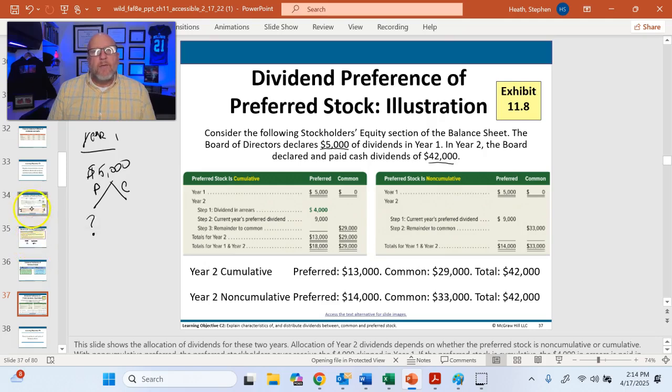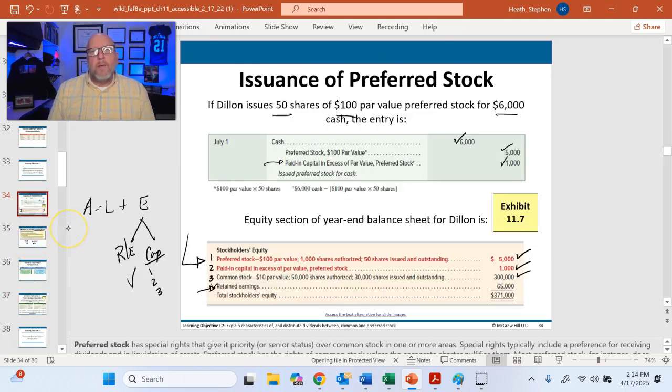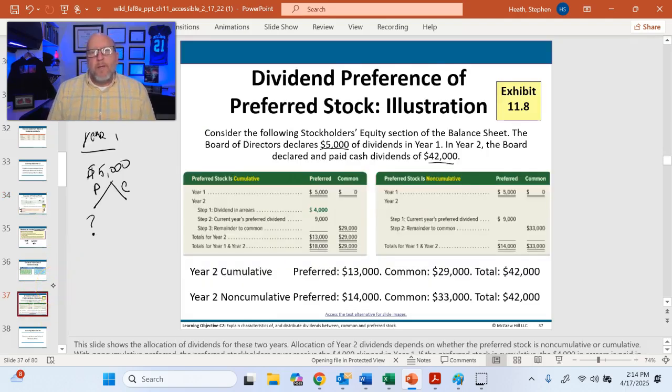And maybe if I go back to the journal entry that we talked about for the par value, unfortunately, they didn't tell us what the dividend percentage was when we issued this particular stock. So we can just go back and look at this. Let's see what they're trying to argue. Dividend in arrears in year one. Man, I really wish that they would give us a way to calculate the dividend payment to preferred shareholders.